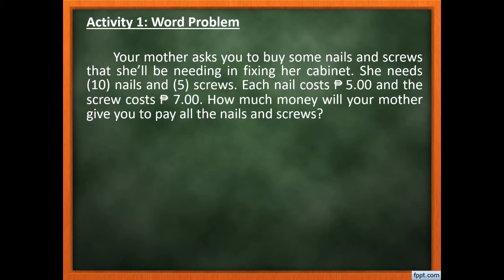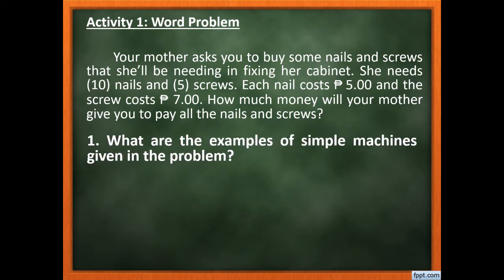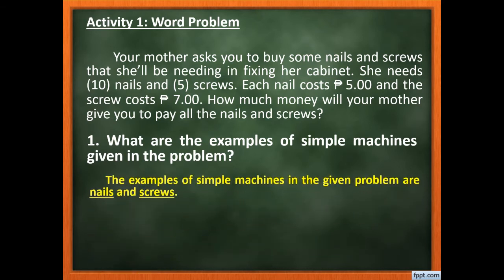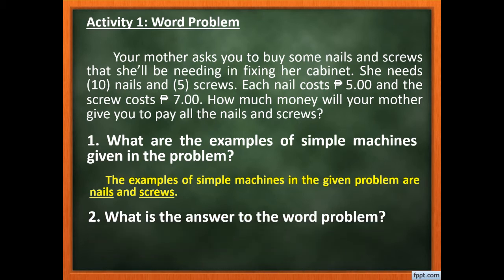Question number 1. What are the examples of simple machines given in the problem? Correct! The example of simple machines in the given problems are nails and screws. Number 2 question. What is the answer to the word problem?